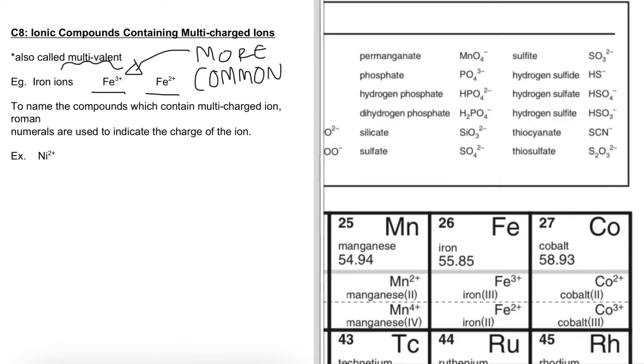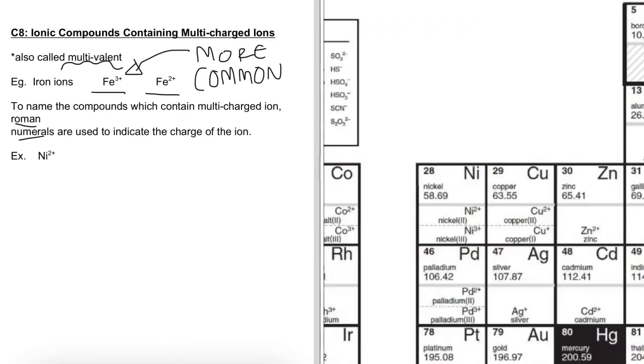When we're naming these compounds, it's not too bad. The only thing we need to include is a Roman numeral to let us know which charge we are using. For example, we have Ni 2+, which is nickel. Because we're using the 2 positive charge, we would, in Roman numerals, just put a 2. We only do this with multivalent elements.